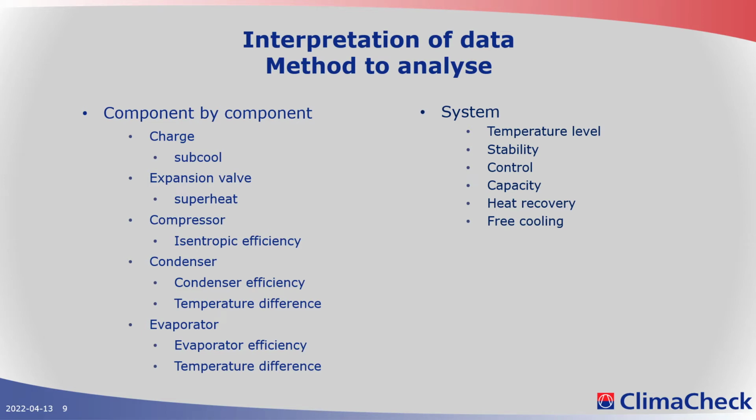is it exposed to. What temperature levels, are the systems stable? Are the controls doing what they are supposed to? Does my capacity seem to match well the system, or is it going up and down in capacity all the time? And do I have any opportunities for heat recovery that they have not taken into account, or free cooling?